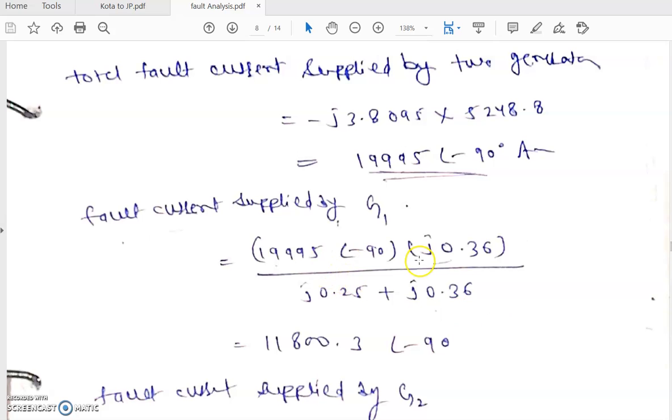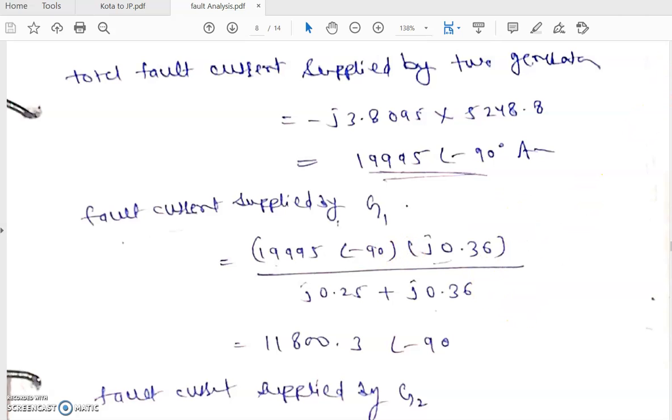This is the division of current. This is the total fault current, j0.36, this is R1, this is R1 plus R2, and this is 1.995 angle minus 90, the total fault current.